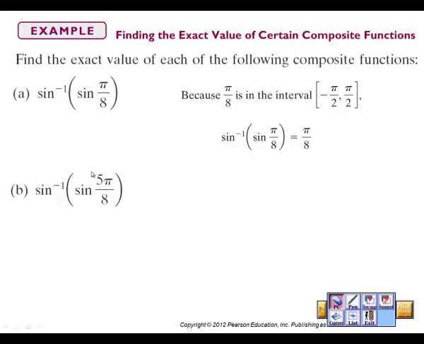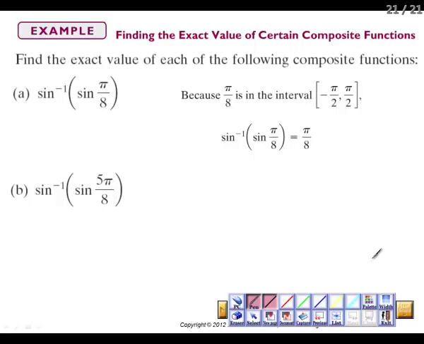Well, the problem here is that, let's see, are we within the negative pi over 2 to pi over 2 domain for sine?